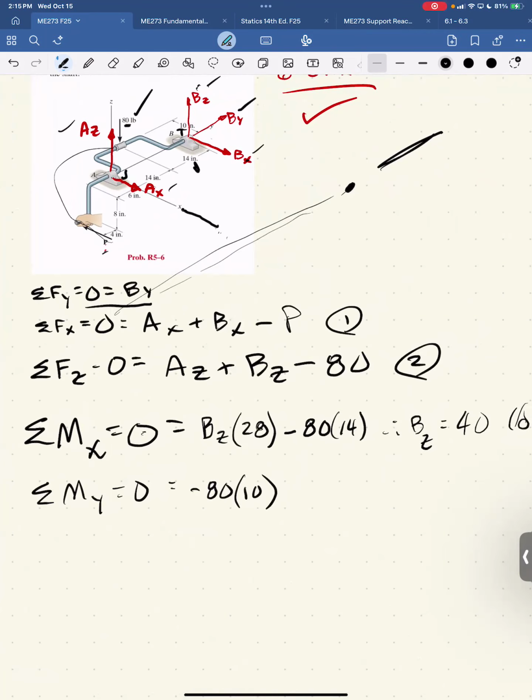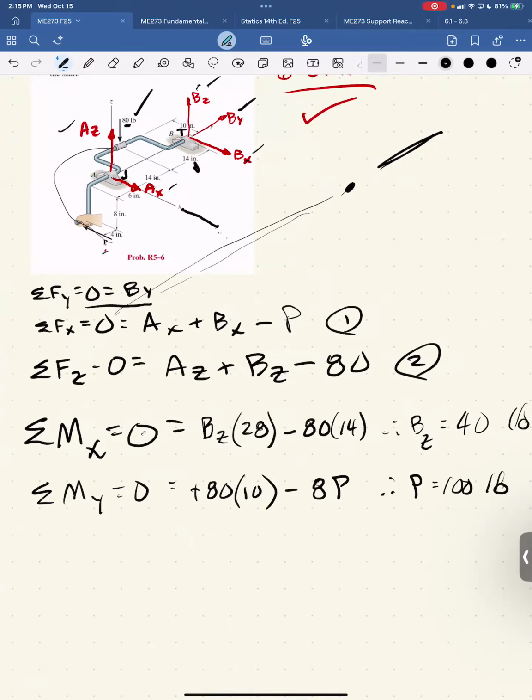Yeah, this one's positive and this one's negative, so minus 8P. So therefore, P is 100 pounds. Right, y-axis, 80 pounds over here, 8P. See, it's really confusing.